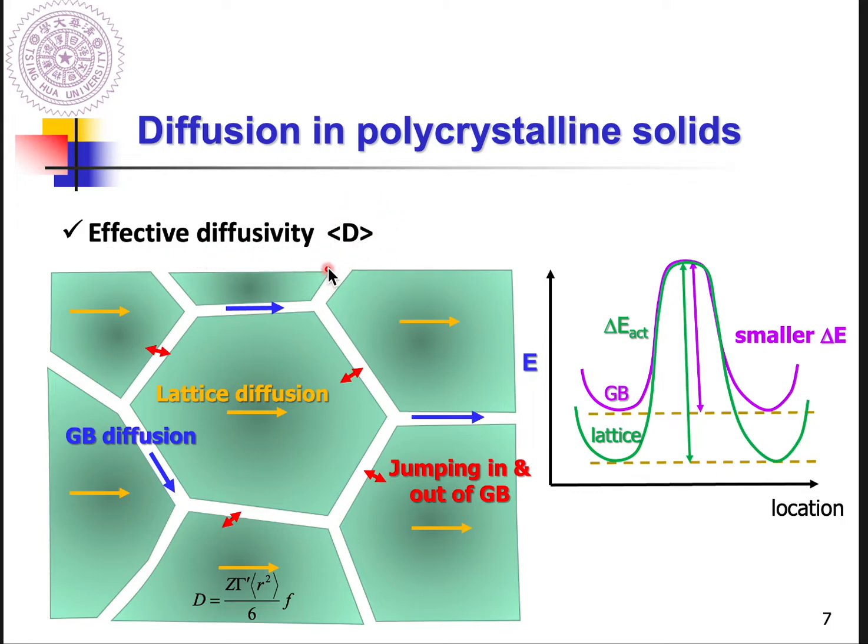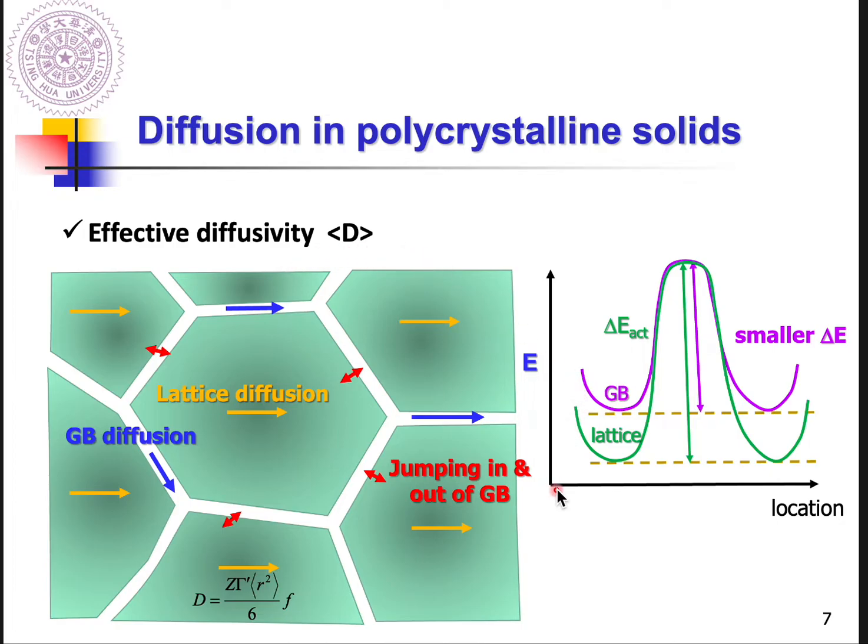You need to consider the volume fraction of the grain and also the grain boundary in these materials. Okay, so this we call effective diffusivity, and we can measure this from your material, because it is a sum of the diffusivity from different diffusion paths.